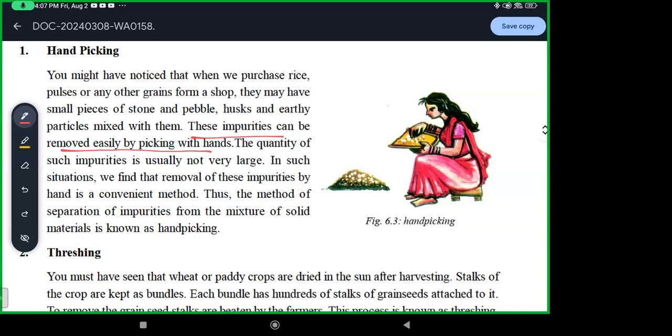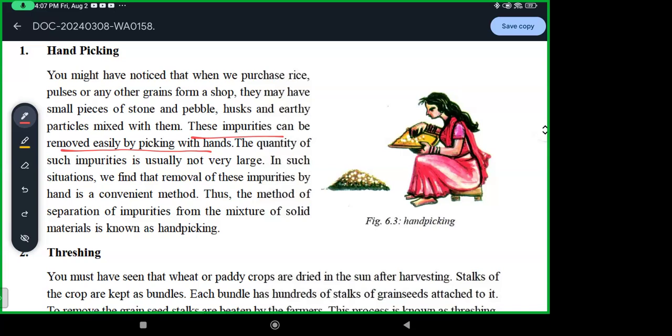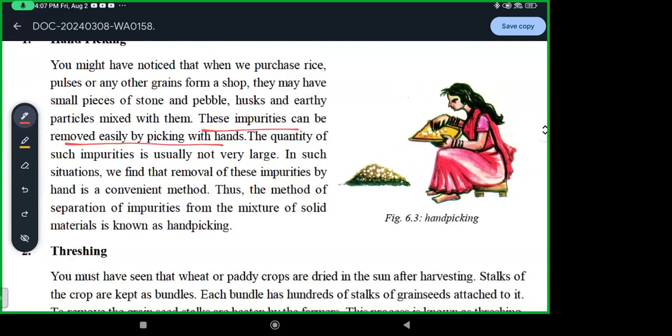If you see restaurants in foreign countries, robots are there as waiters and as cleaners. Have you seen any videos? So it's developing, but not in India right now. Outside, it's developing.